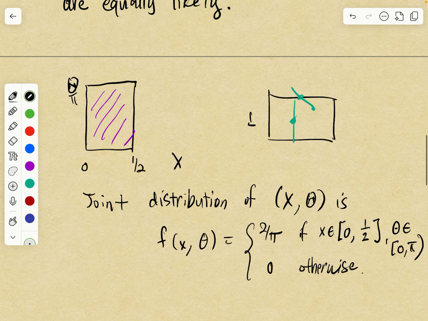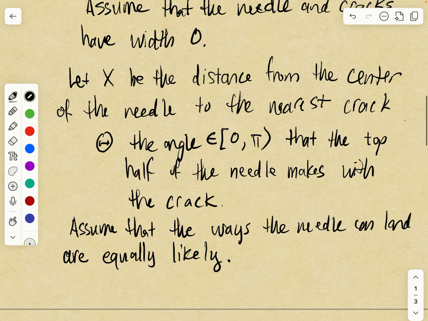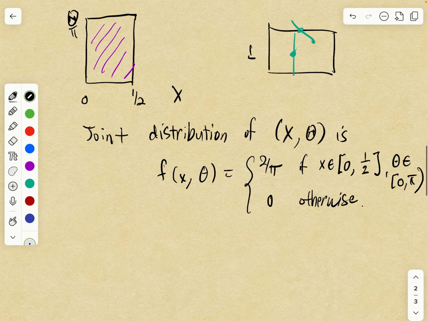Actually, L could be 1, so x could be a half. Okay, so that's the joint density.